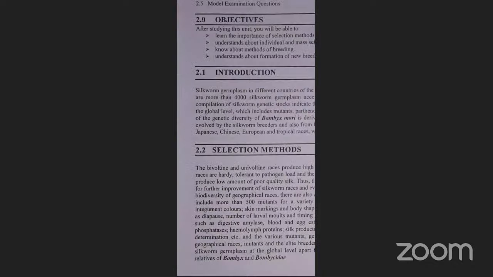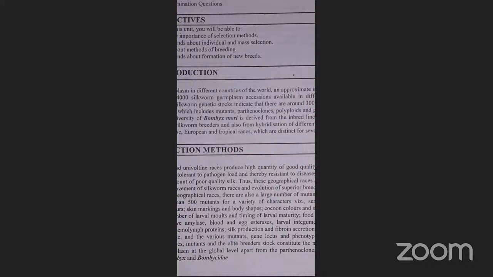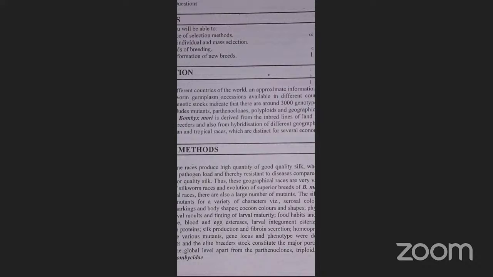So what are triploid, polyploid, and diploid? They relate to cell cultures, from one cell to another cell, of the mutants. It is named as triploid, polyploid, and diploid.